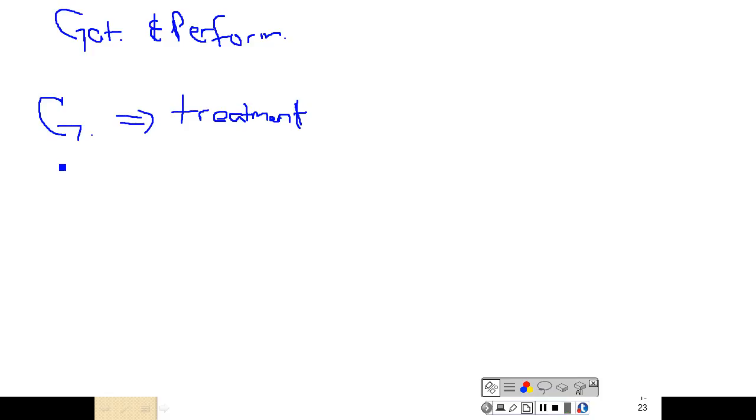Then we'll give the non-Gatorade. It could be flavored juice. Sorry, flavored water. And this would be given to your control group.